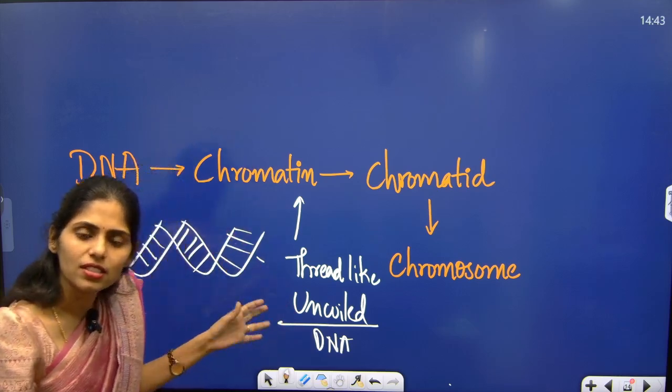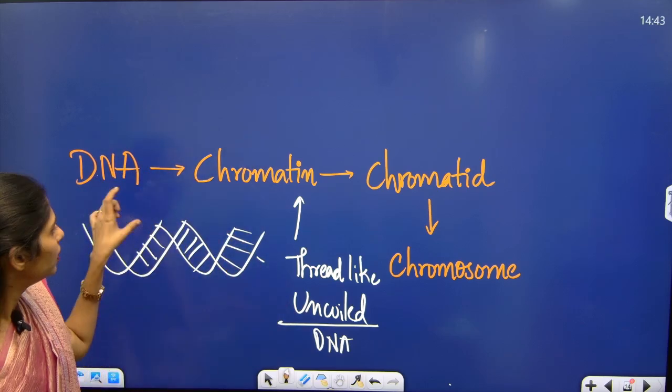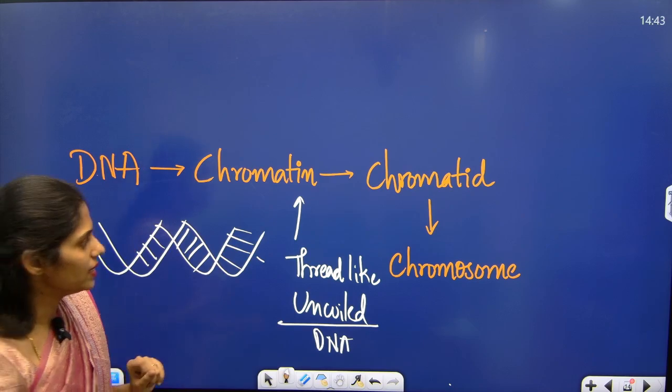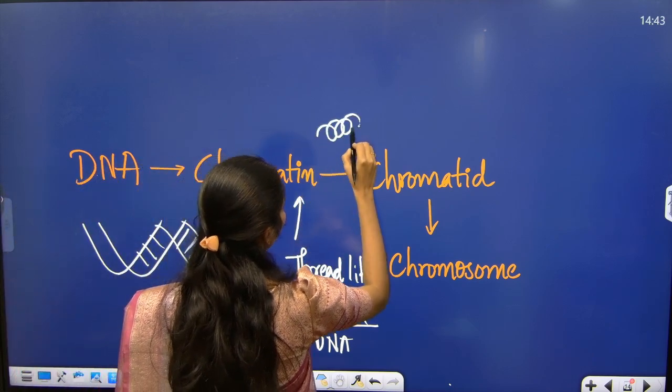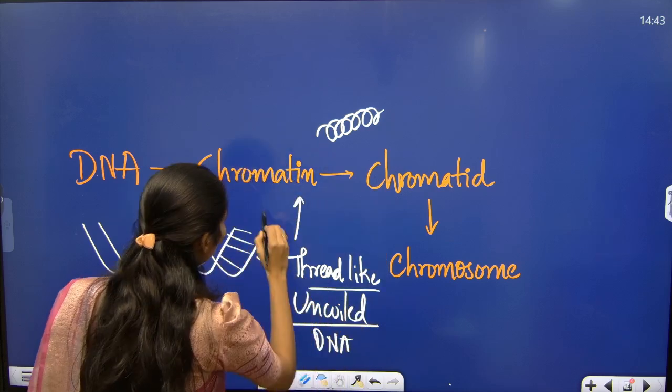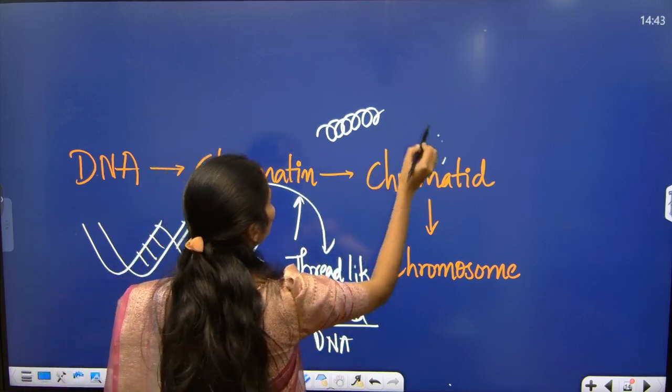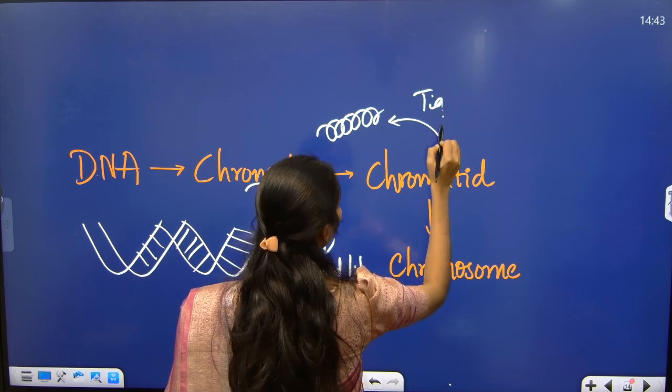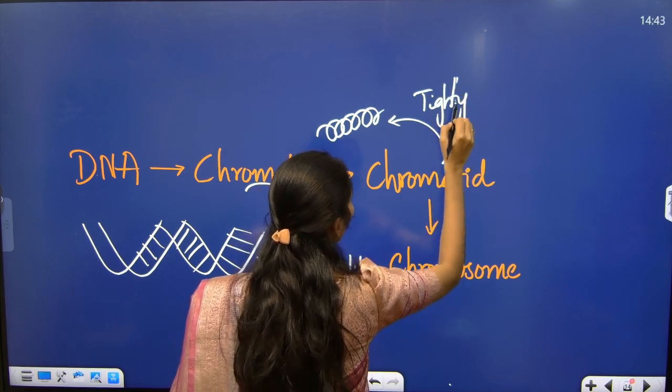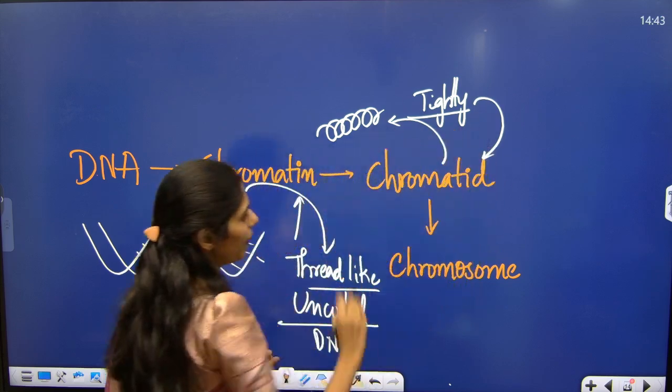To place this 6 feet long DNA in a nucleus, it will be coiled, right? Uncoiled DNA is called chromatin, but coiled, that too very tightly coiled DNA, is called chromatid.